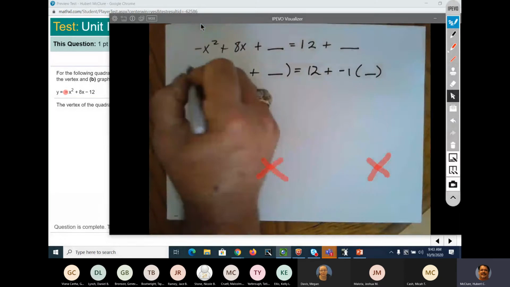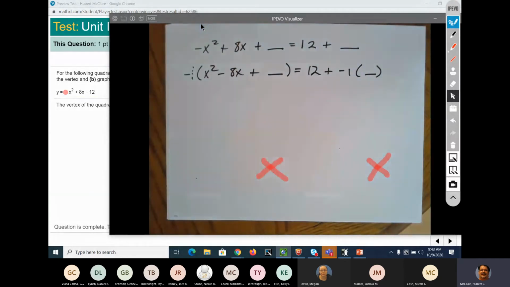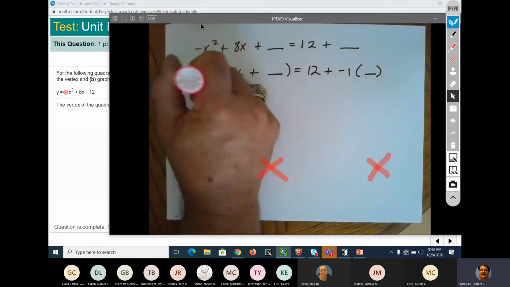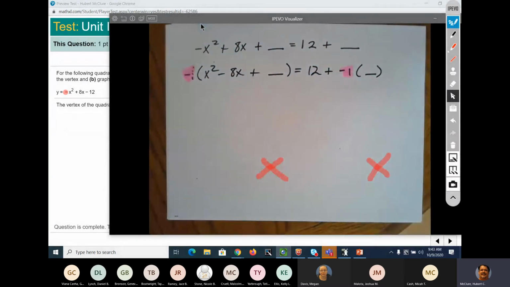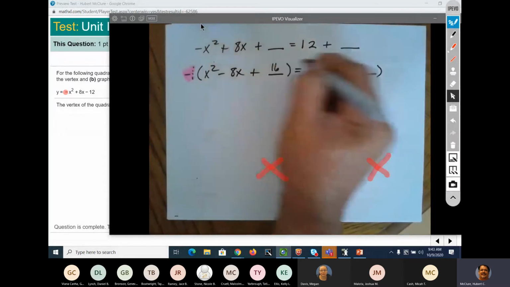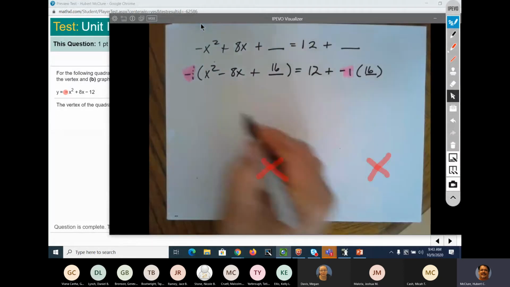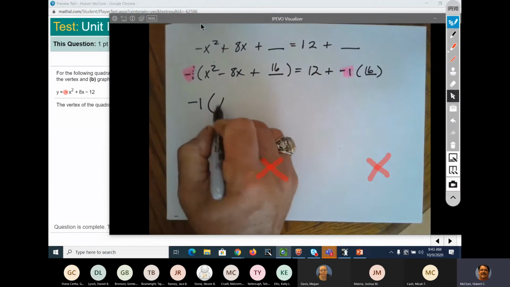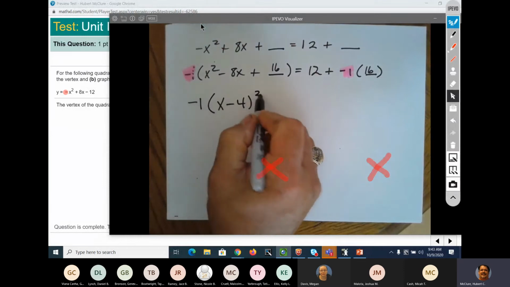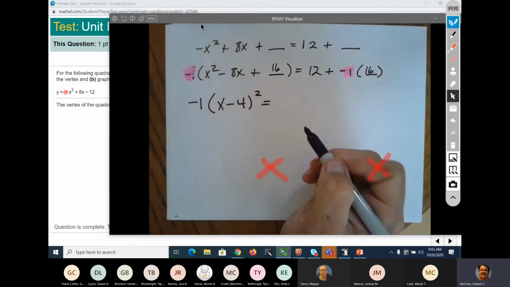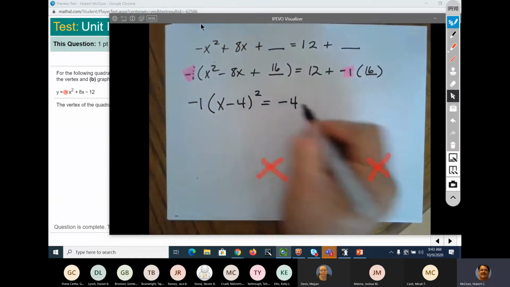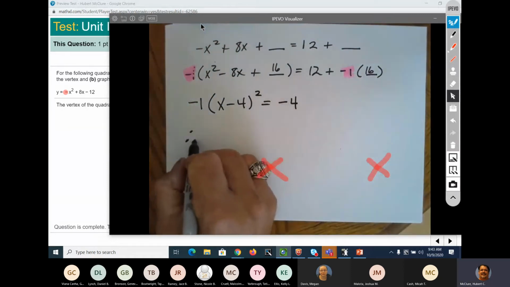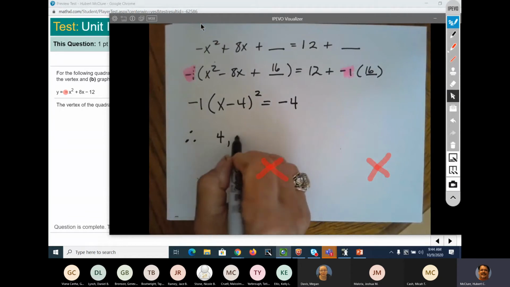And that -1 is going to be highlighted because I factored out a -1 here. Therefore, I had to multiply it by that. Half of 8 is 4. 4 squared is 16. -1 times (x minus 4) quantity squared is equal to, what's 12 minus 16? -4. Therefore, our vertex is 4, 4.